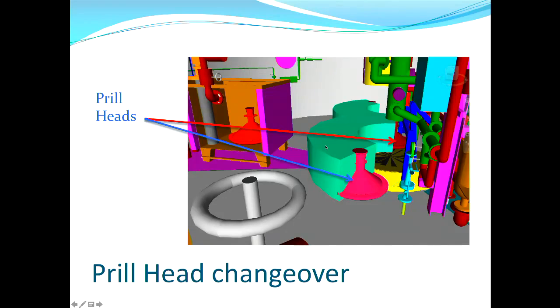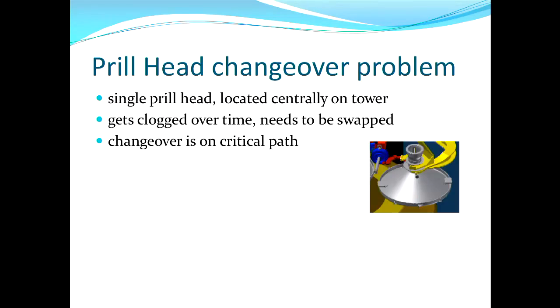But it's this red thing that we're trying to manoeuvre. The prill tower has this single prill head in operation at any time. It's located centrally on the tower. It has to be on the centre of the tower, geometrically. It gets clogged, as I've said.